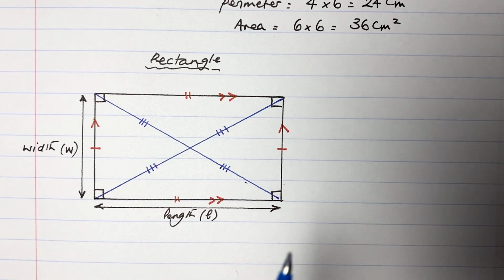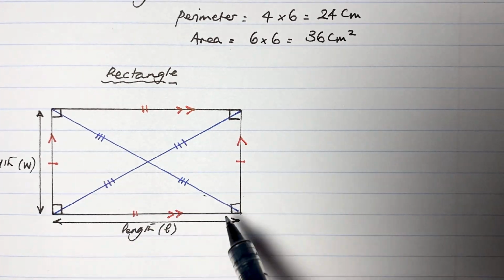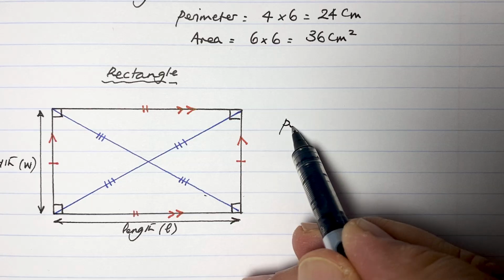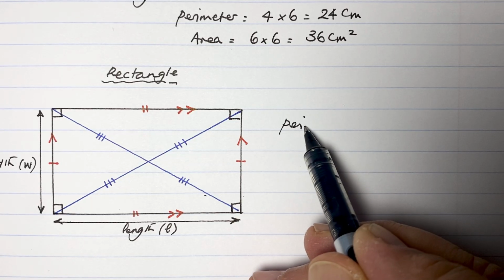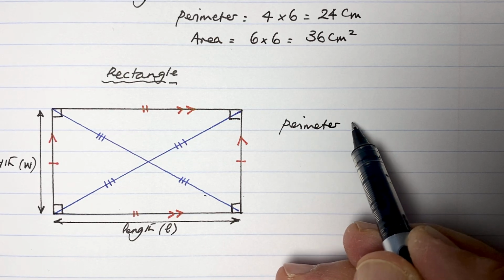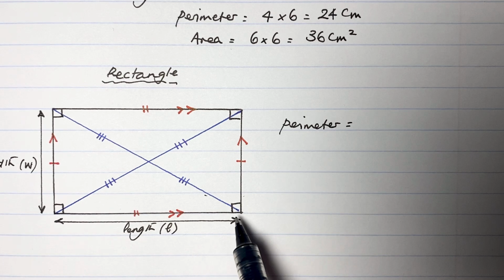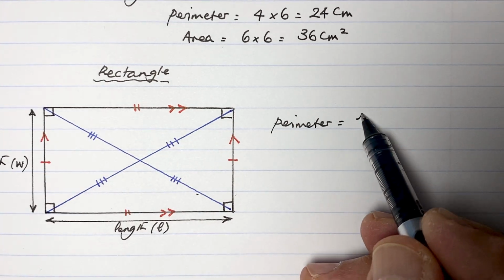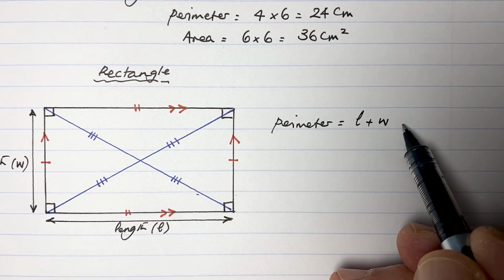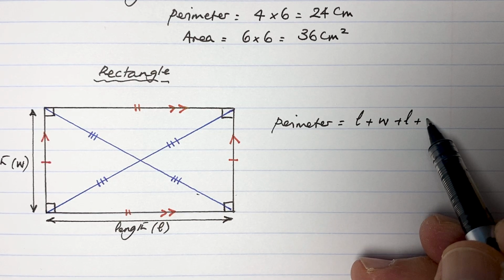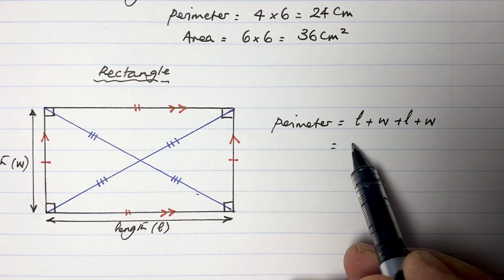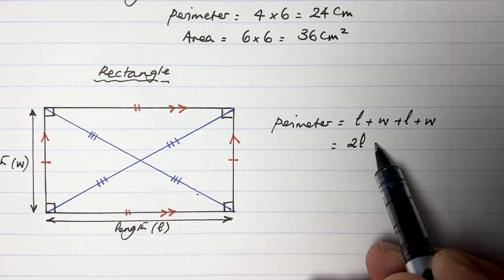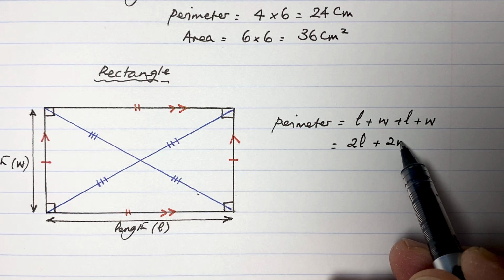Now, let's go for the perimeter. Obviously, the perimeter means the distance around the shape. I have length plus width plus length plus width, which is 2 lots of length and 2 lots of width.